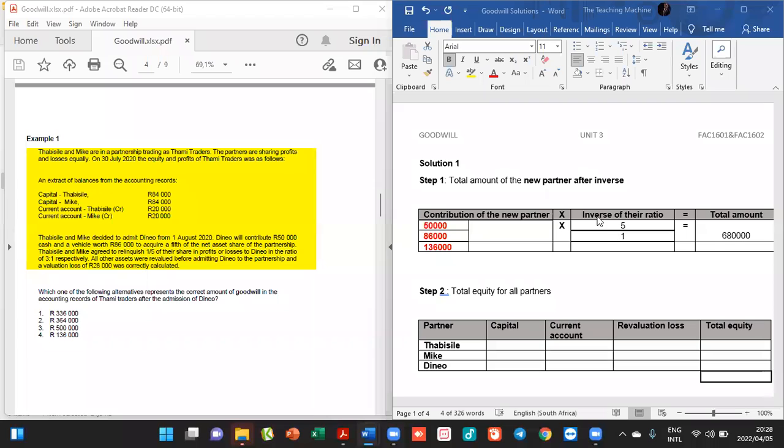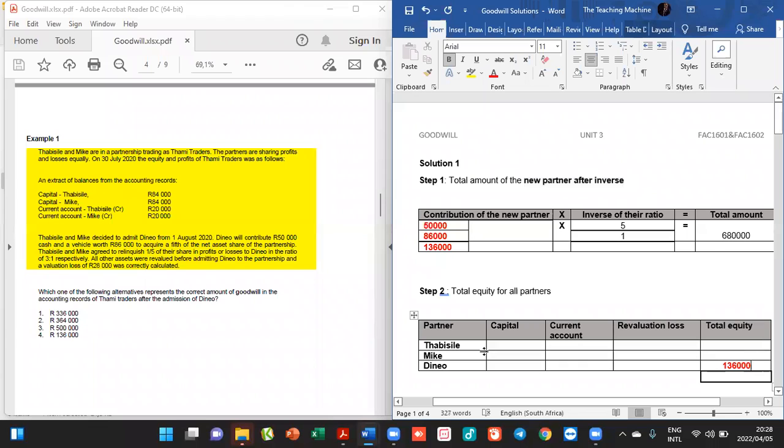All right. Step 2, we want to know the total equity for all partners, including the new partner. Remember, we've worked out Dinero's total amount as 136,000. This is the 136,000, not the amount after the inverse. The 136,000 and not 680,000.